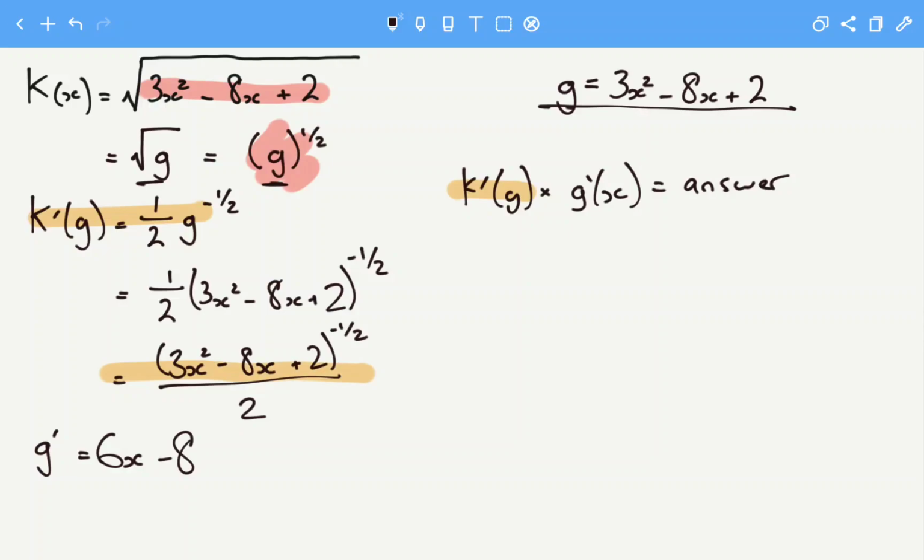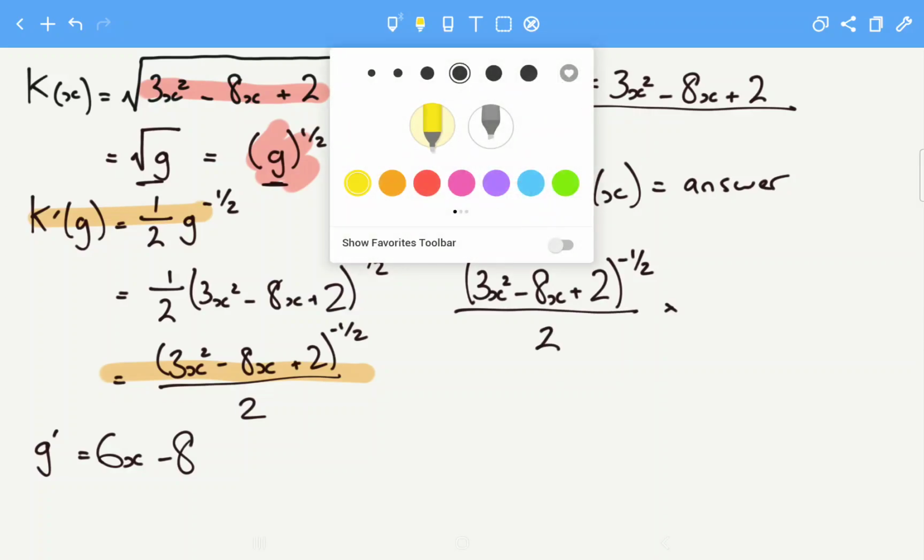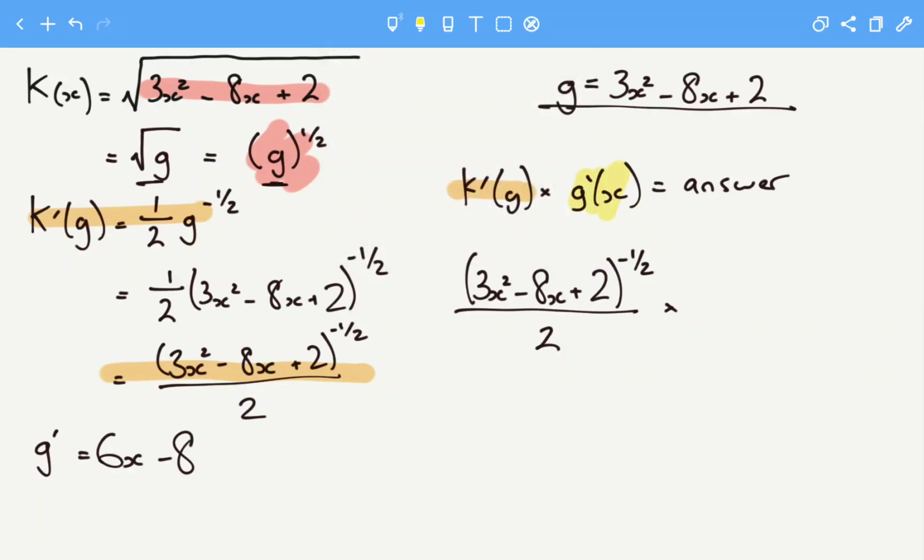So we can write that in. 3x squared minus 8x plus 2 to the power of negative half, over 2, multiplied by the differentiation of g in terms of x, which we know is this. So multiplied by 6x minus 8 will equal our answer.